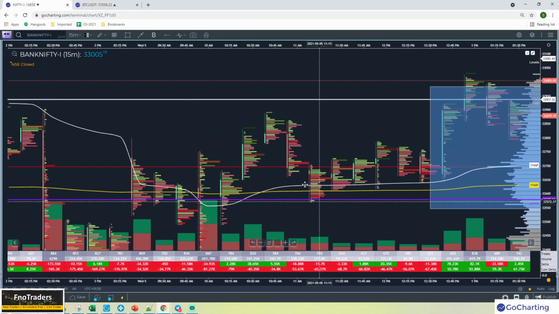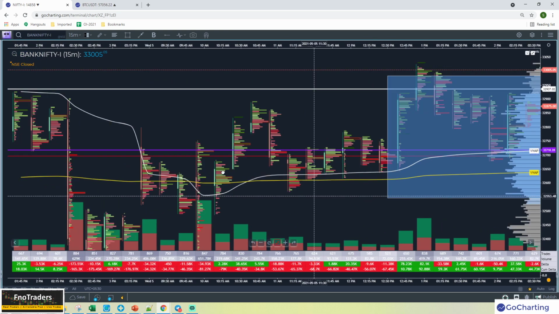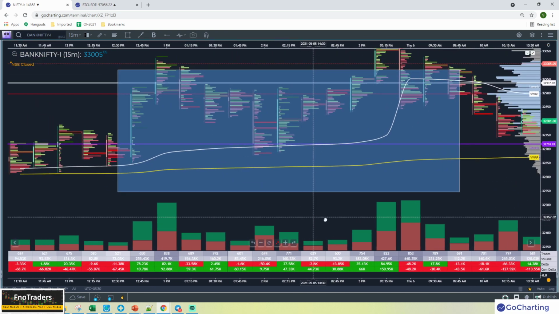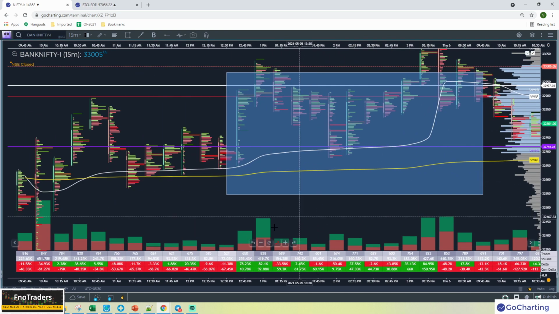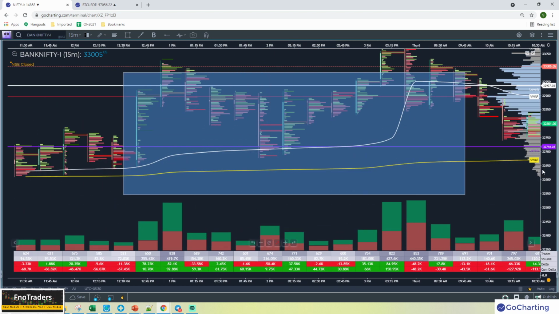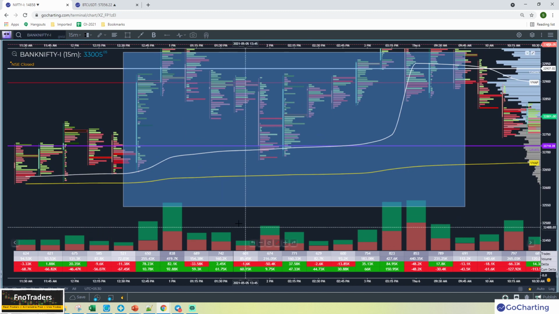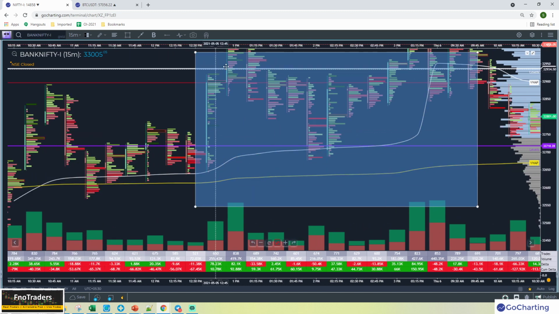For example, in this chart, if you see this, I have a very strong opening candle, yes, 78k delta. And then what do we have? We have a bit of a sharp reversal, not much consolidation.